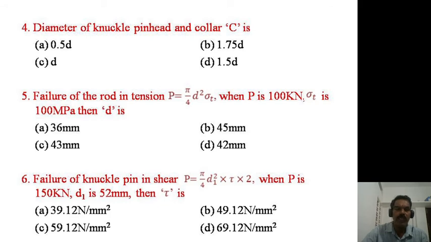So when P is 100 kilonewton, D1 is 52 mm, then you have to find out tau value by applying this formula, and by substituting all values, finally we will get tau value. The right answer is B, that is 49.12 Newton per mm square. So this is the right answer for the question number 6. These are the dummy answers, but B is the right answer.